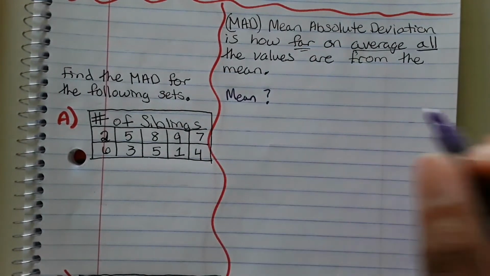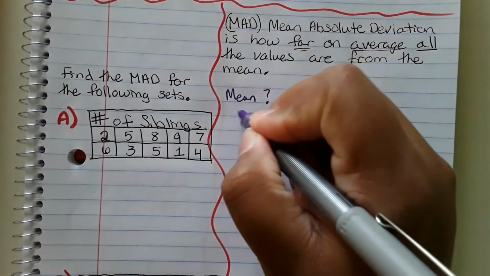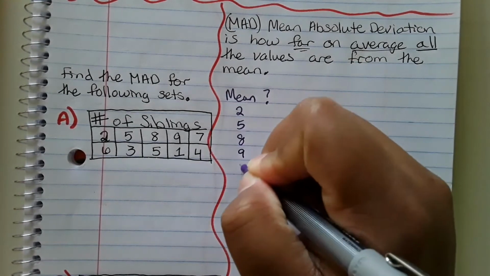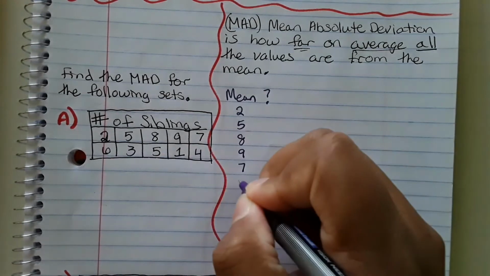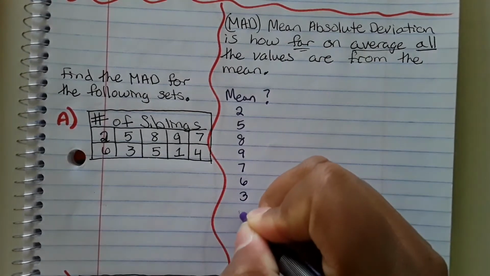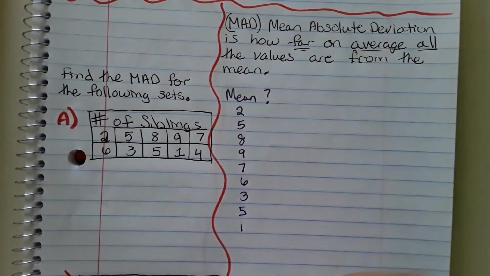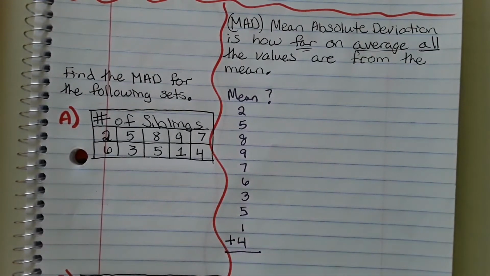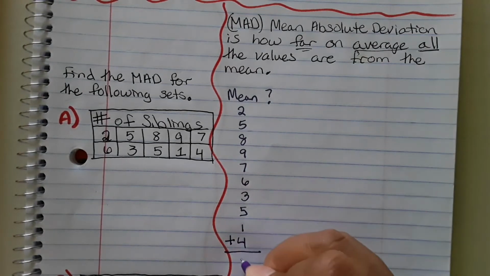It's 2 steps. You're going to add up all the numbers. So I have 2, 5, 8, 9, 7. Then my next row would have been 6, 3, 5, 1, and 4. I'm going to add all of those up, and hopefully your calculator is next to you, so you get a sum of 50.